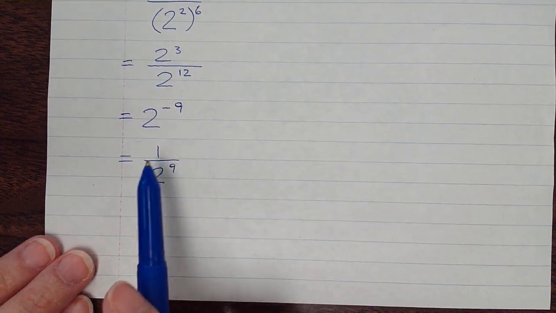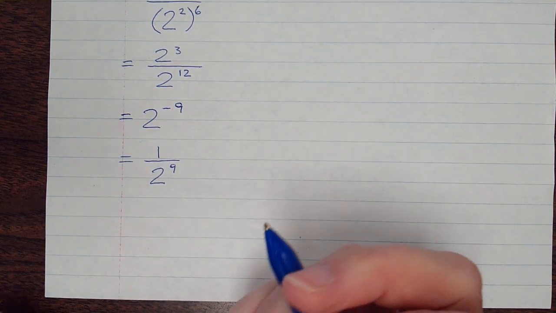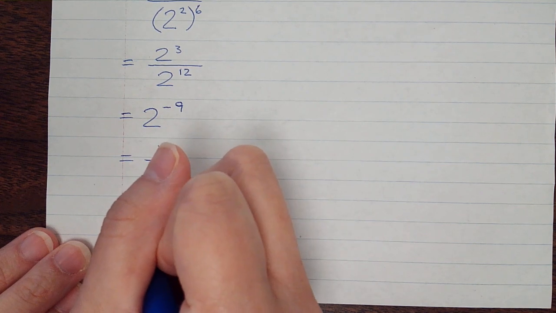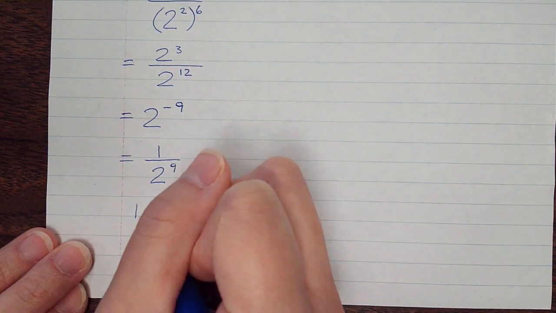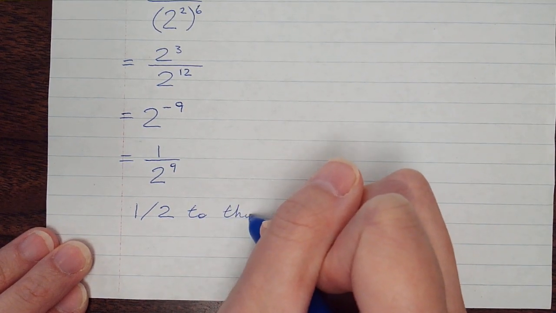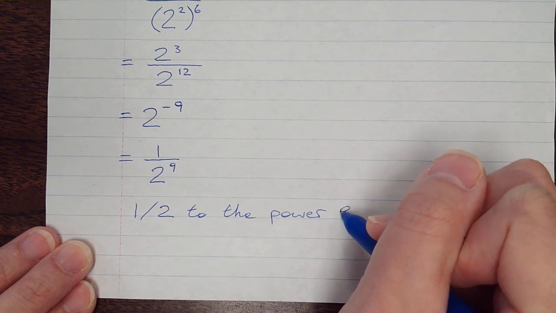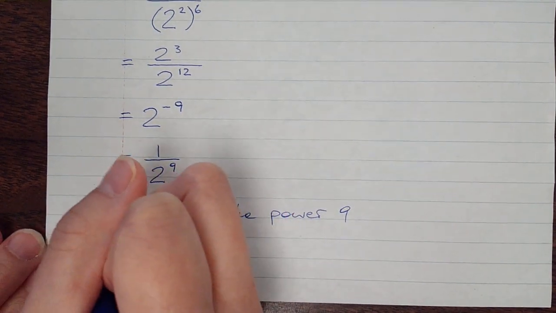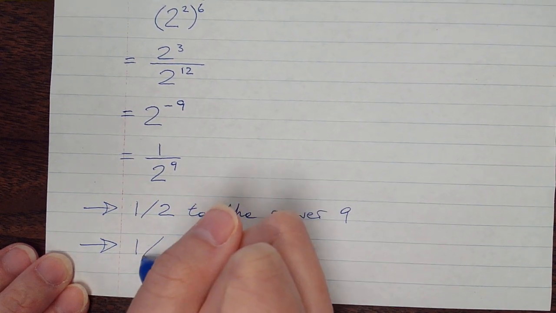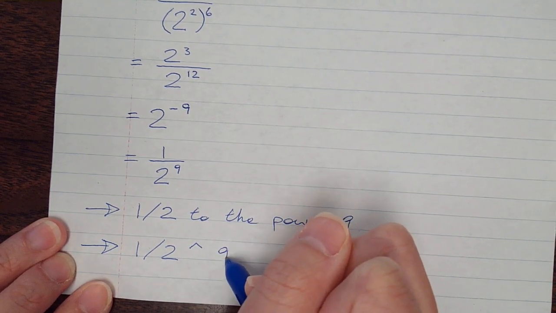Okay. On the test, because it's on the computer, you can do a few things to show me this answer. You can type in 1 divided by 2 to the power 9. All right. You can type that in as your answer. You can do 1 over 2 and then that hat symbol and then 9.